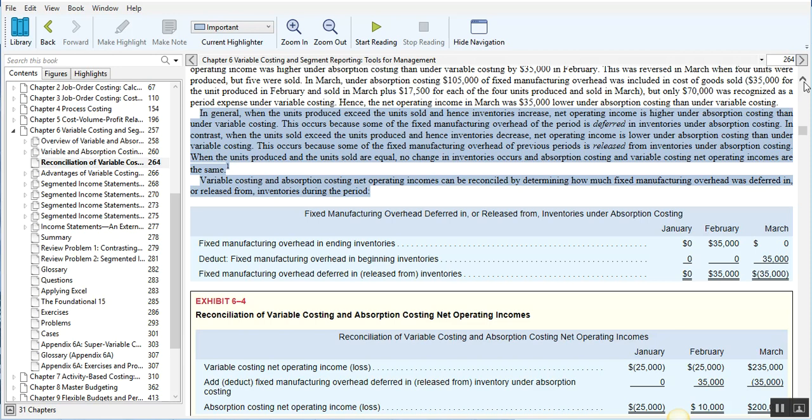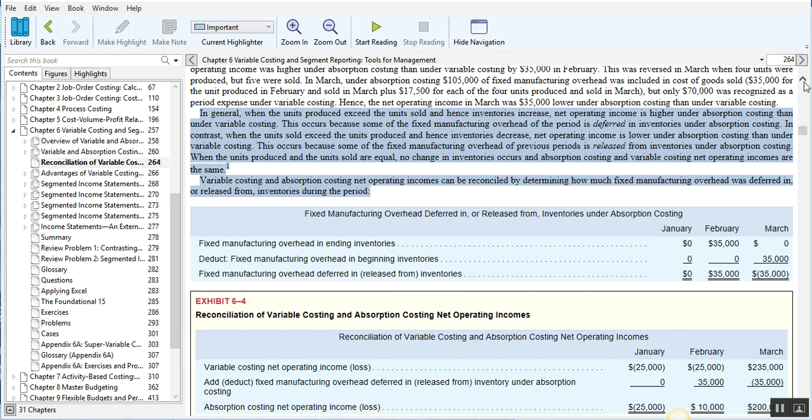This occurs because some of the fixed manufacturing overhead of the period is deferred in inventories under absorption costing. In contrast, when the units sold exceed the units produced, and hence inventories decrease, net operating income is lower under absorption costing than under variable costing.